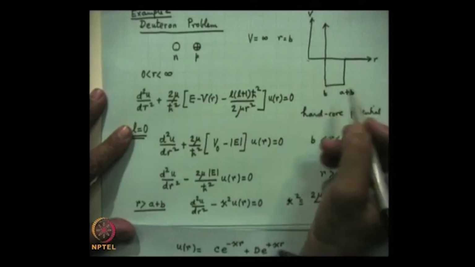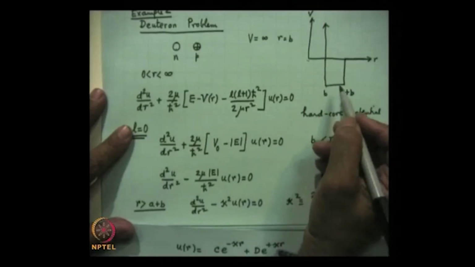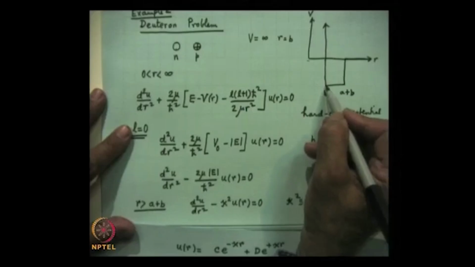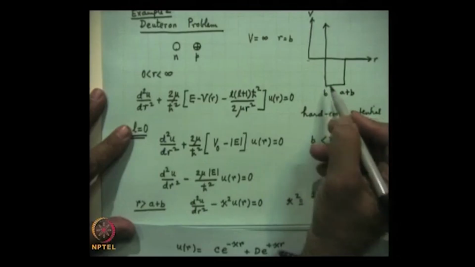This is one of the models, and no one really knows the exact potential energy distribution between the neutron and the proton, but this is a simple model which is quite accurate, that the distance between the neutron and the proton cannot be less than b.